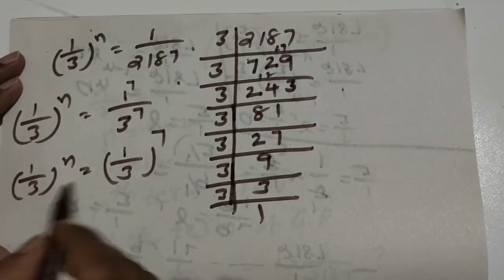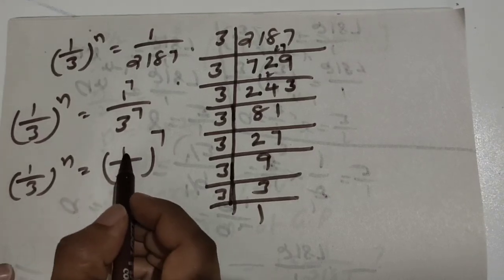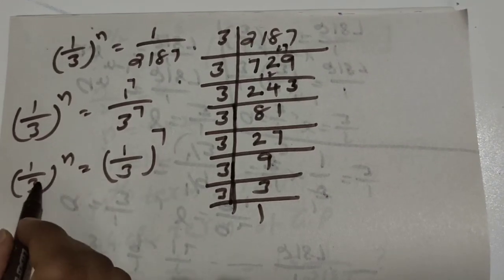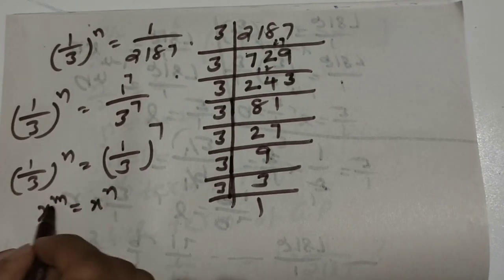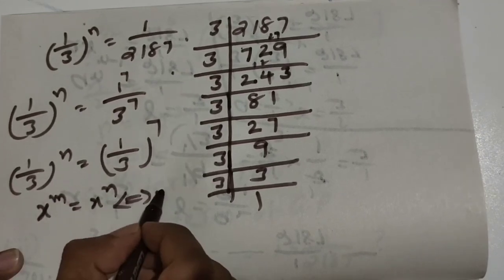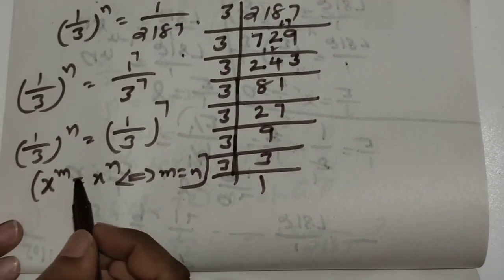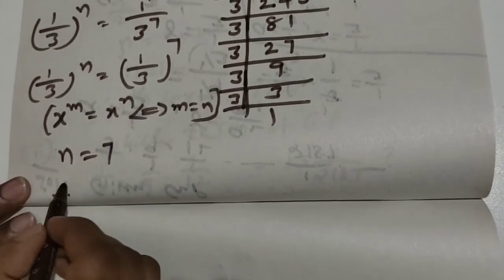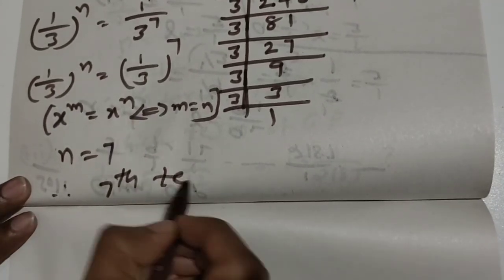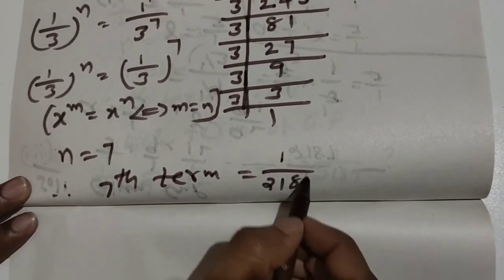On comparing on both sides, as we said just before, if the bases are same, then we can equate the exponents. Already I said it in the before sum. So in that way we can write n is equal to 7. Therefore the seventh term is 1 by 2187.